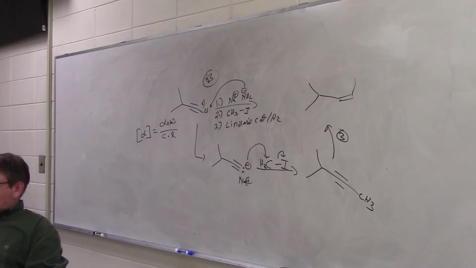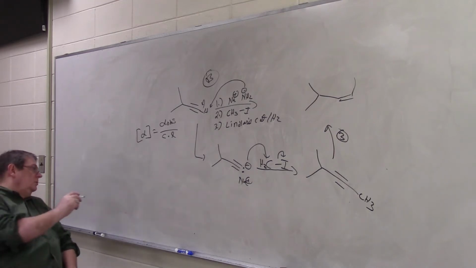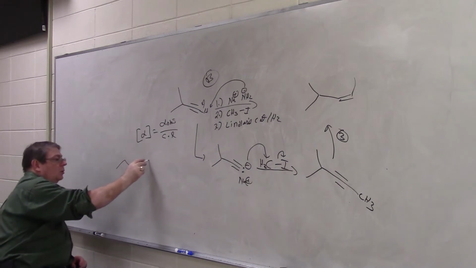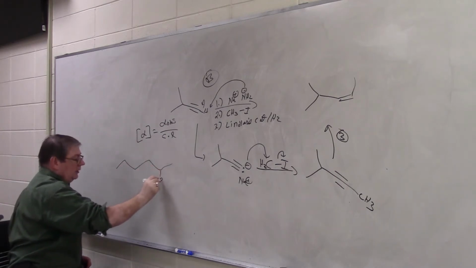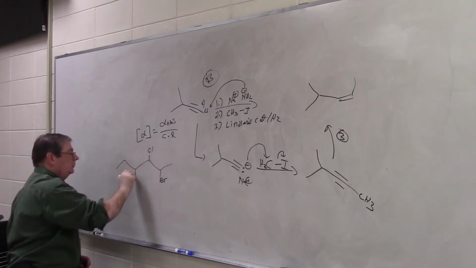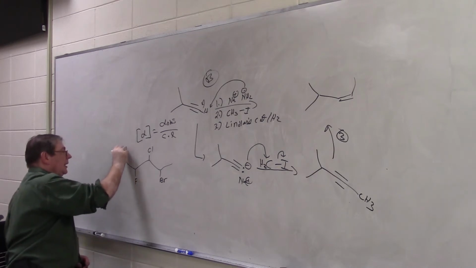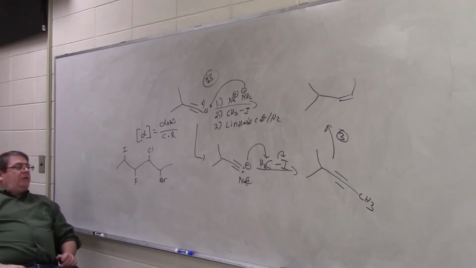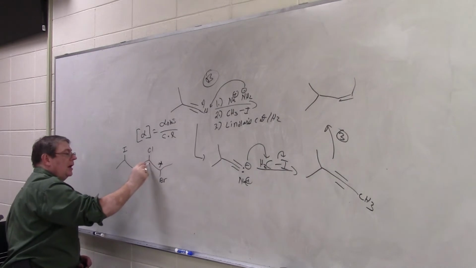It is. Maximum number of stereoisomers? The maximum number of stereoisomers is 2 to the n. Yeah, so if you have a molecule, I don't know, bromine, chlorine, fluorine, iodine, right? If you look at that, each one of these is a chiral center.